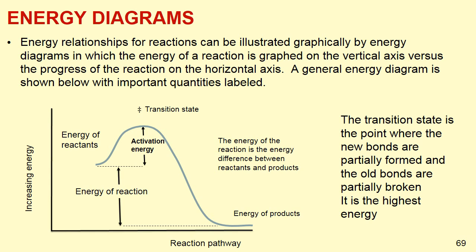In this case, the energy of the products happens to be lower than the energy of the reactants. The amount of energy for the whole reaction is found by starting at the energy of the reactants and going to the energy of the products.